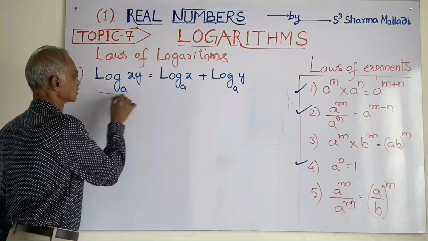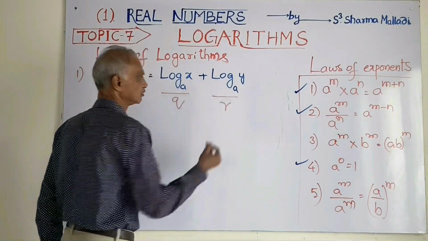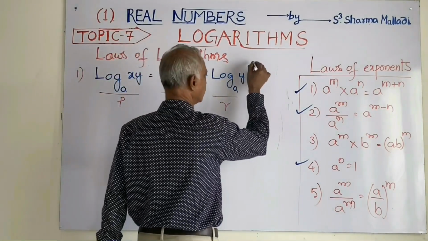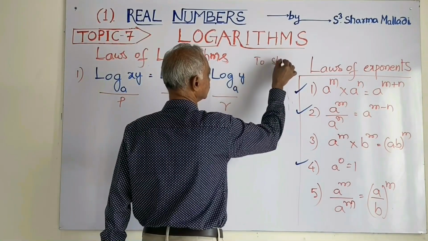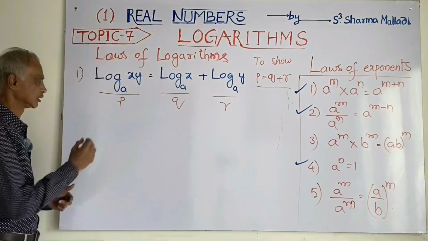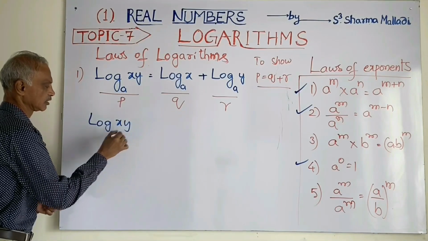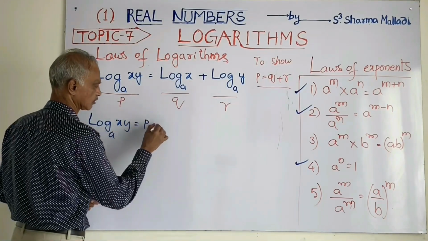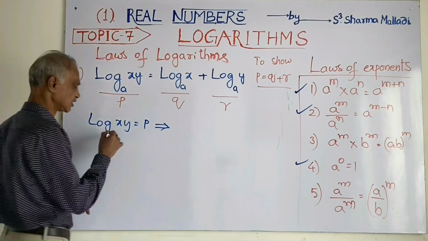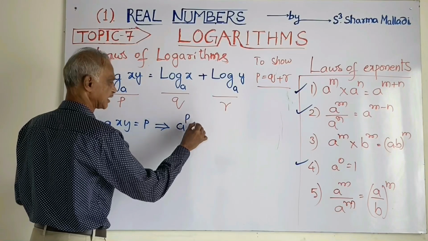You take this as p, q and r. What we have to show? We have to show p is equal to q plus r. Log xy to the base a is equal to p. You can write logarithmic form in exponential form: a to the power of p is equal to xy.